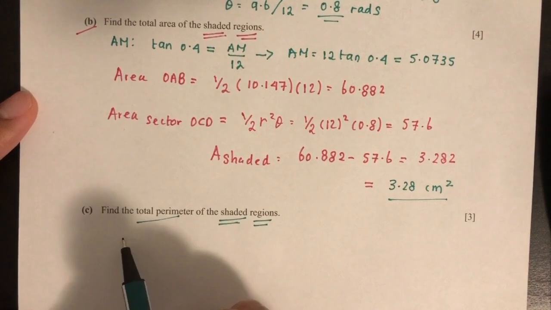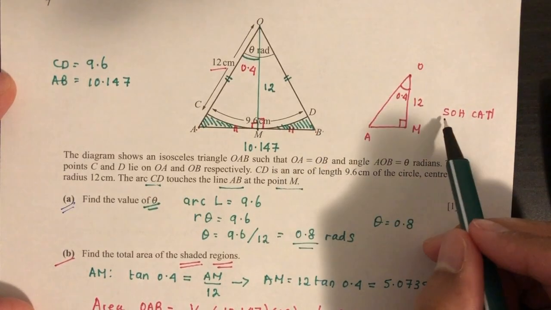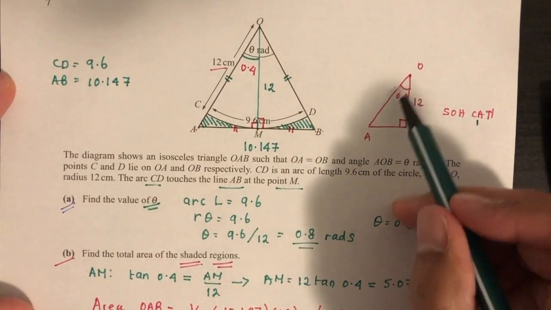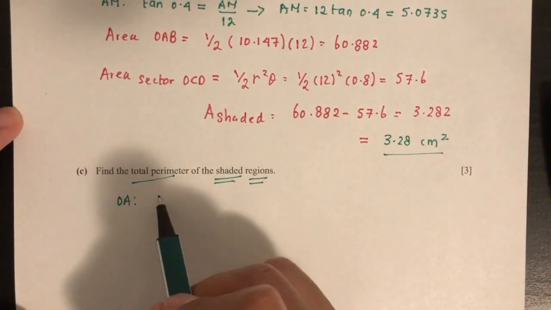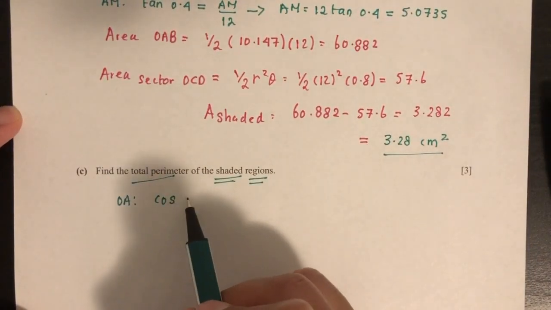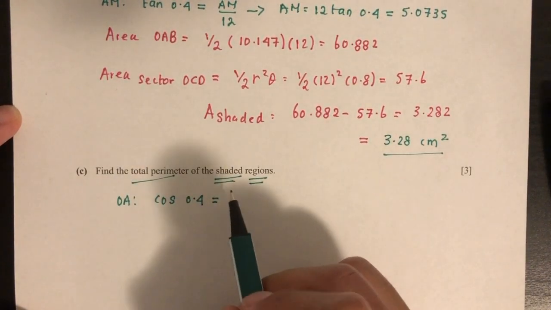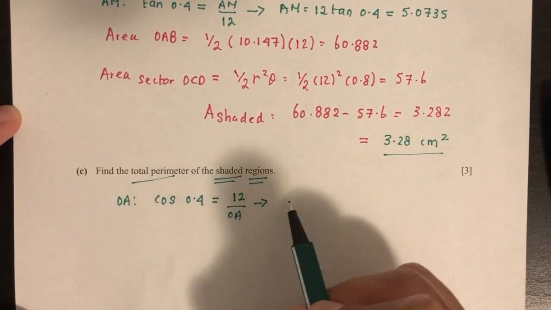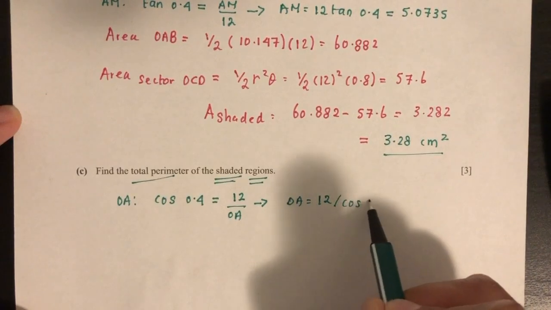So to find OA, going back to the same thing here, to find this length here, I have to use SOHCAHTOA. So since we know this one, which is adjacent side, we're trying to find the hypotenuse, which is this, we have to use cos. So cos of the angle, which is 0.4, equal to 12 over OA. So from this, OA will be 12 divided by cos 0.4.